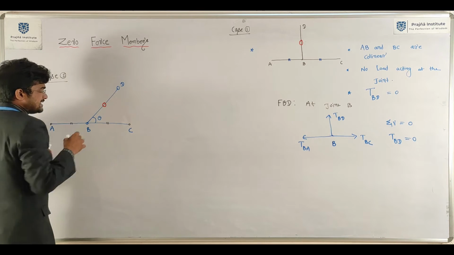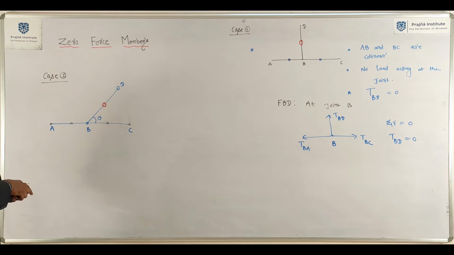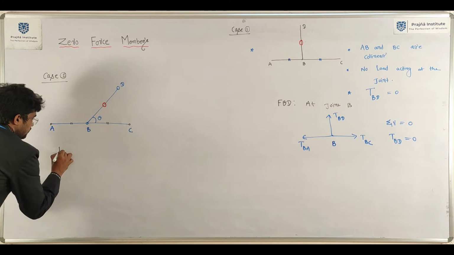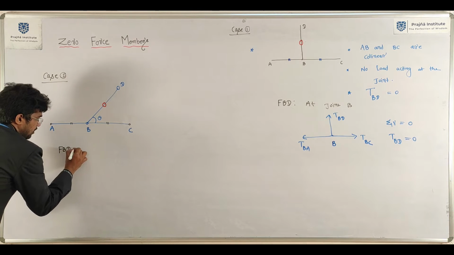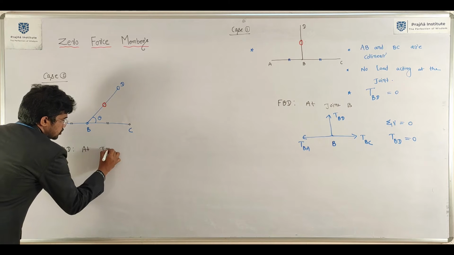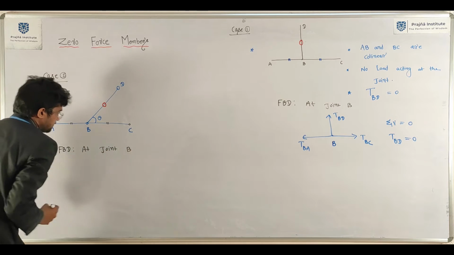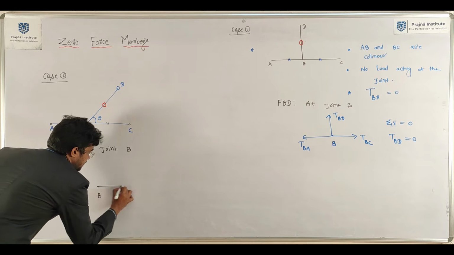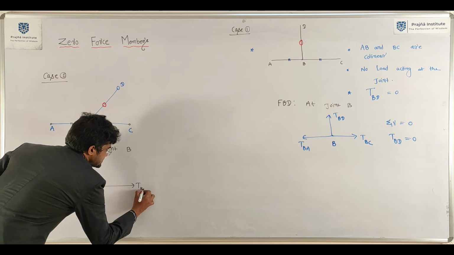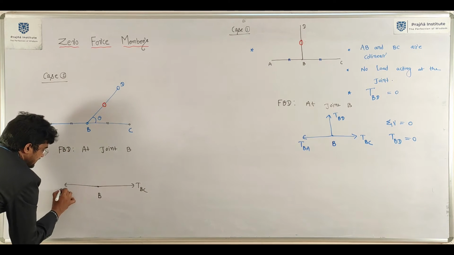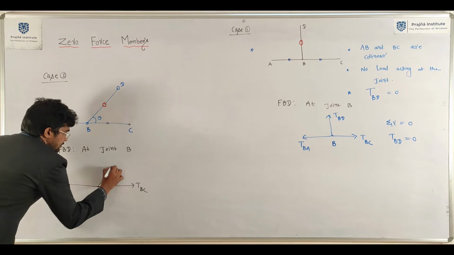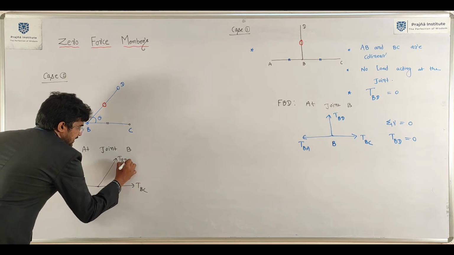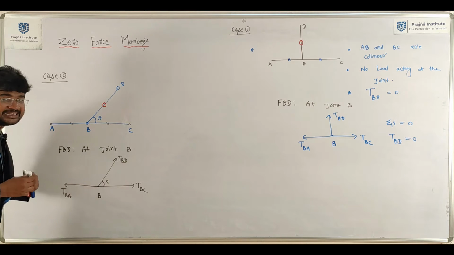Okay, no load is acting at the joint. So how to prove it? Free body diagram at joint B. It is very simple. Joint B: TBC, TBA, TBD. It is making an angle theta.